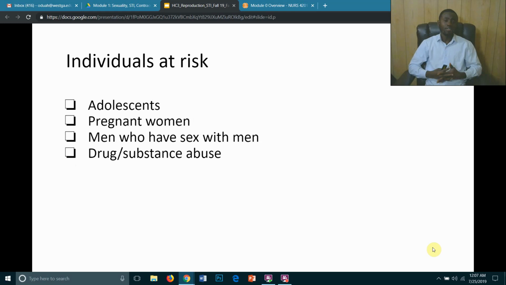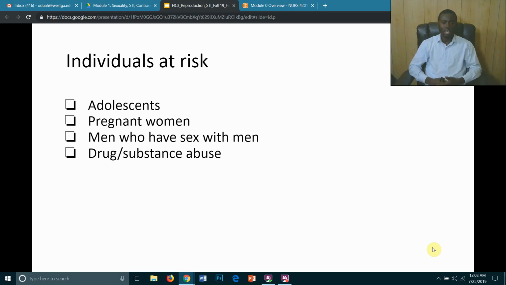The prevalence of sexually transmitted infection is a major public health concern in the United States and worldwide. Populations at greatest risk for acquiring sexually transmitted infections and suffering from the complications are pregnant women.